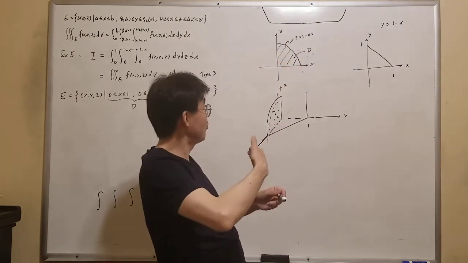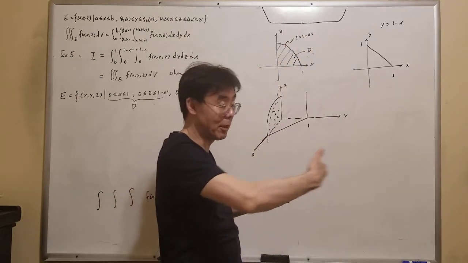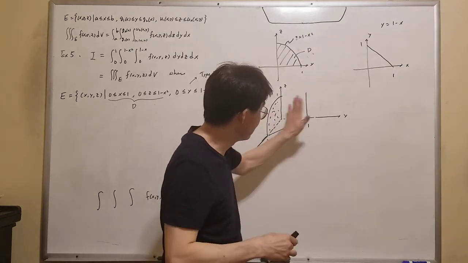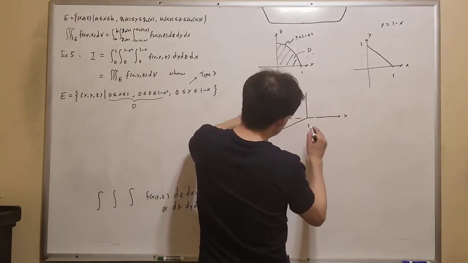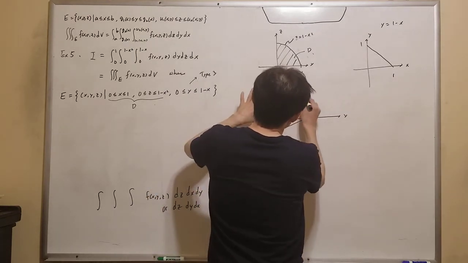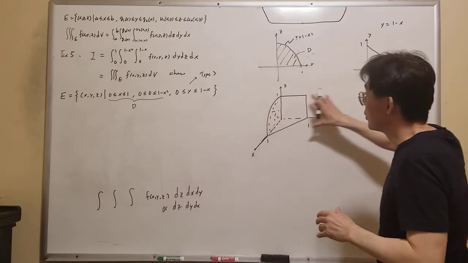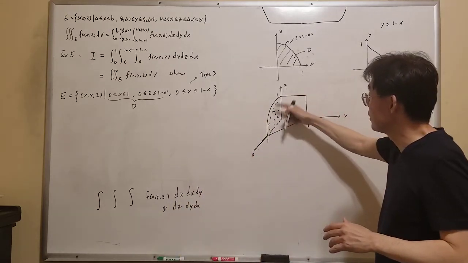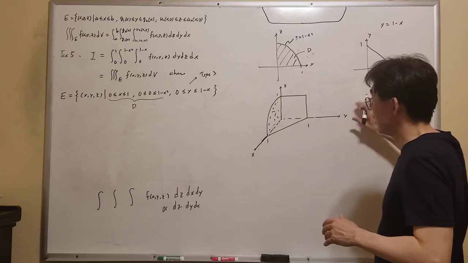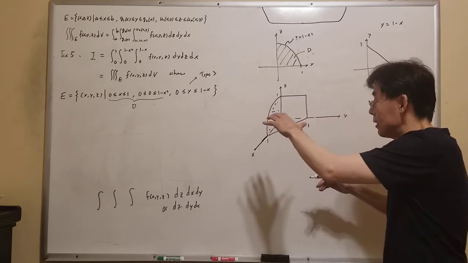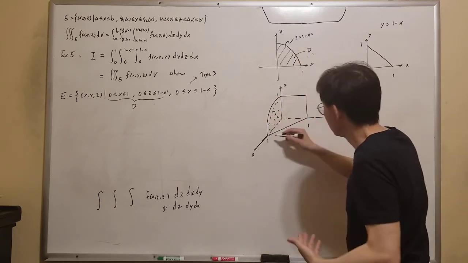Y runs from y equals 0 all the way to this. So that means, from the parabolic cylinder, you are cutting this way.